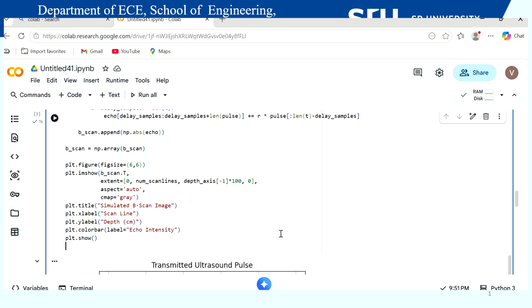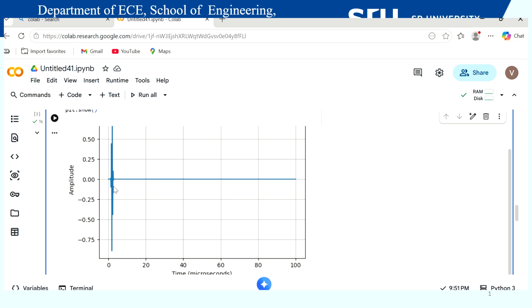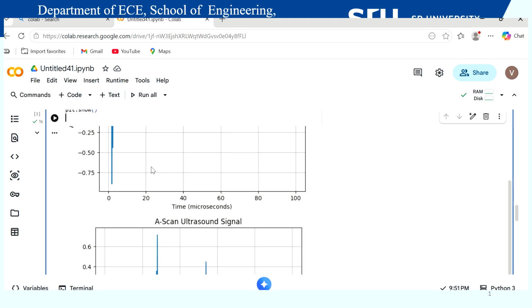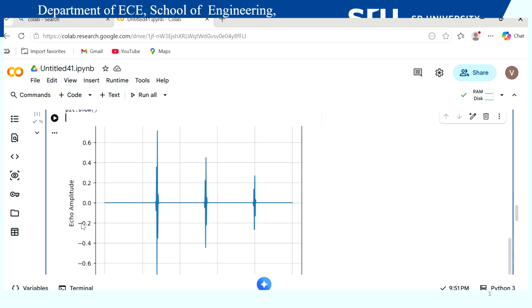So how will we get the diagrams here? See, the transmitted ultrasound pulse: amplitude versus time in microseconds. Then the A-scan ultrasound signal resembles this.